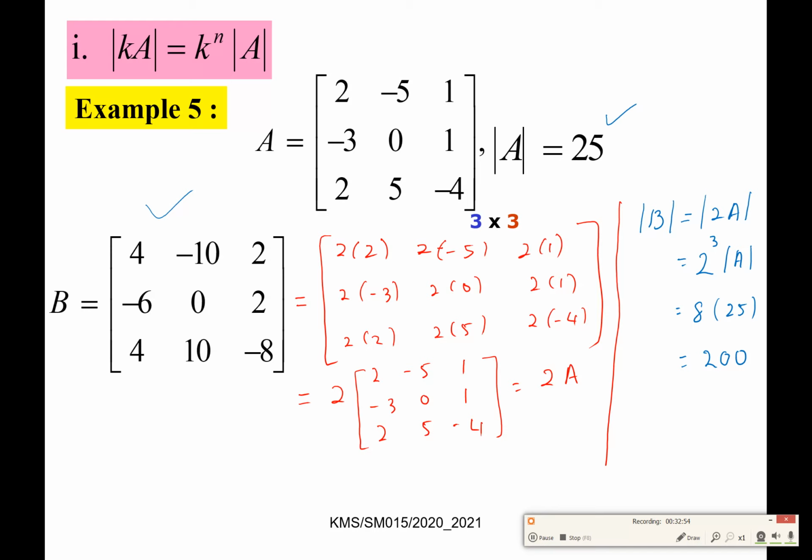So you just observe the elements of B, factor out this 2, so B is 2A, and this is how we use the basic property.